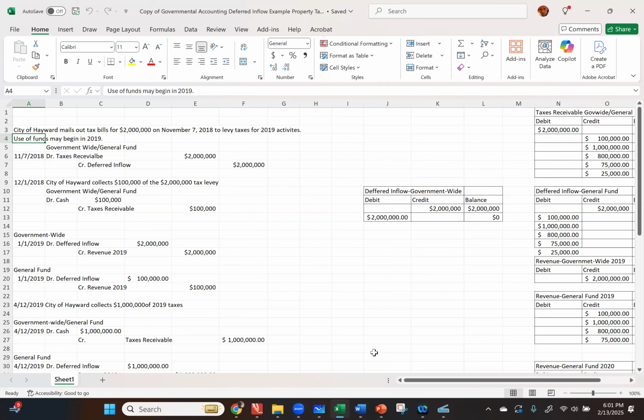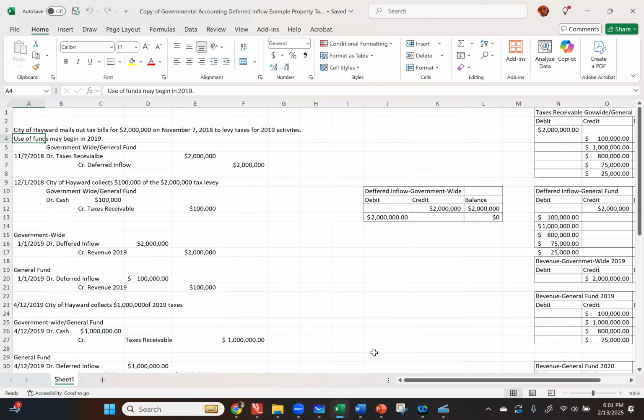We don't need to worry about eligibility here. So we debit taxes receivable that were mailed out, 2 million. We credit the deferred inflow because we're not in 2019 yet. And so use may not begin with this money until 2019.